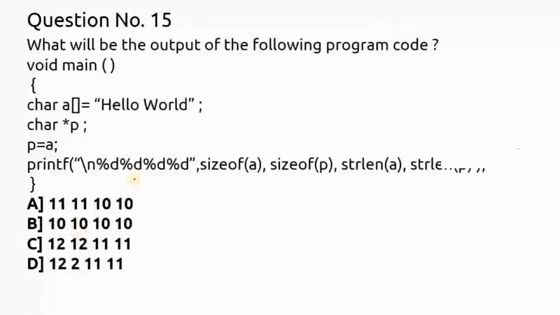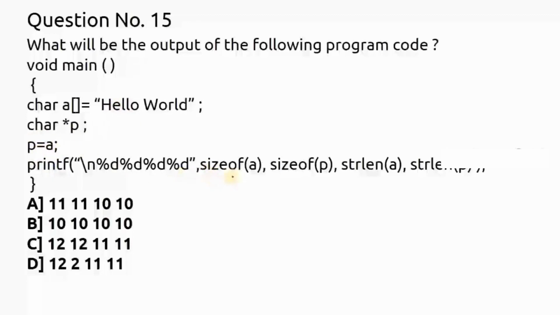So coming to question number 15. What will be the output of the following program code? So here the character array "hello world" is given. There is a character pointer P. So P equals A, assigning the character array to the pointer. Now what we are printing is all sizeof.